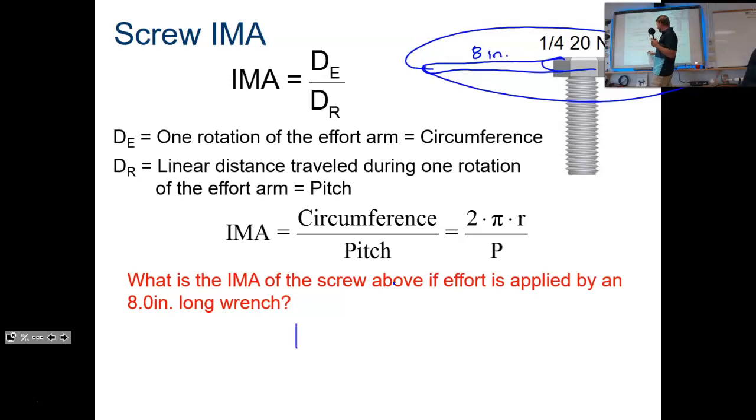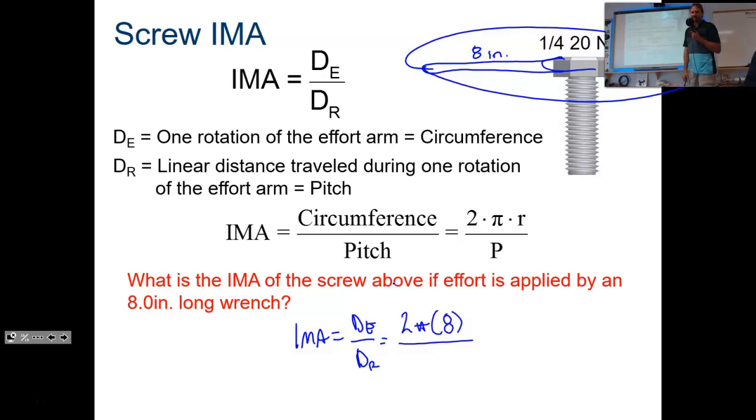So, ideal mechanical advantage. The distance that I exert is a circumference, so it's 2 pi r. The distance of my resistance, this is a 1/4-20, so this is 1/20th, because if I go all the way around once, it goes up 1 thread.